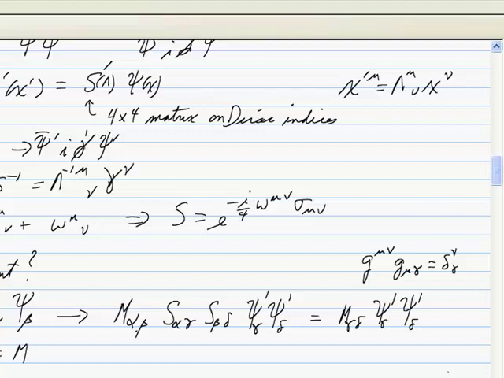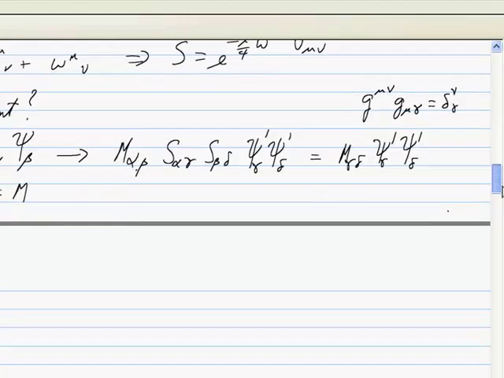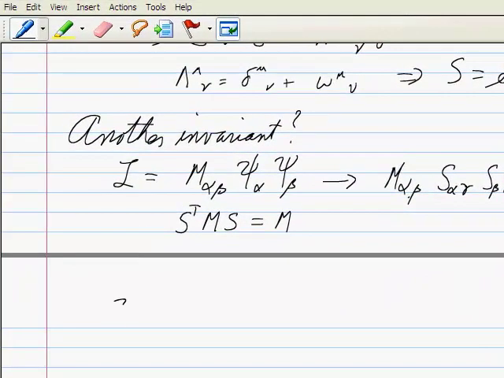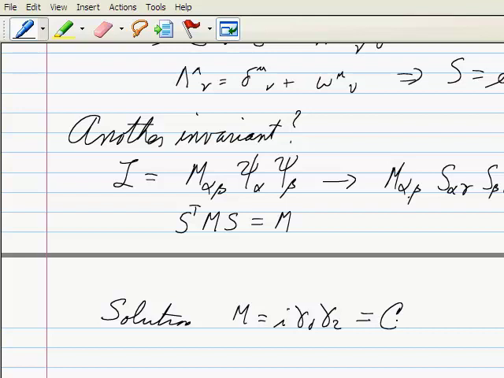If that's the case, then we found another invariant. And so it becomes a math problem, a simple matrix issue. And the solution, there is a solution, is M is i gamma 0 gamma 2, which is called C because it's related to the charge conjugation operation, which we haven't done, but there it is.